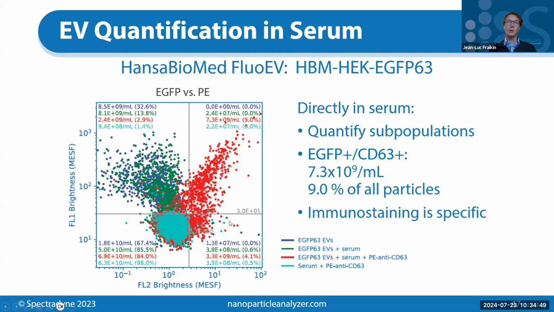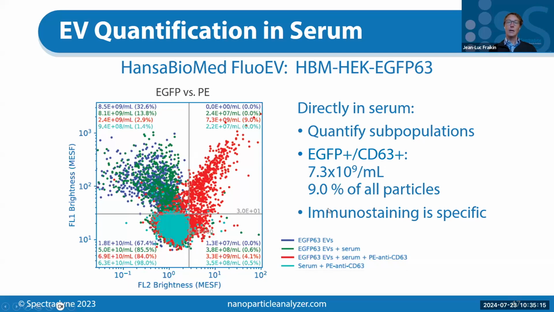And it's a similar story to before, which is that the GFP expressing particles all pick up the CD63 antibody. That's expected because they're fused together, right? And that the immunostaining is specific. So nothing in the serum is picking up either fluorescence. There's no GFP in those particles, but there's also no affinity for the antibody in that sample.